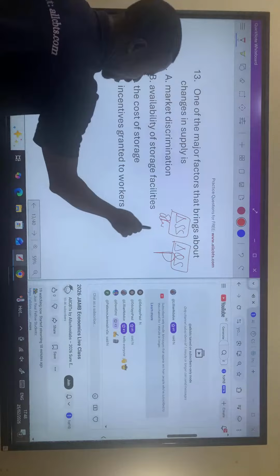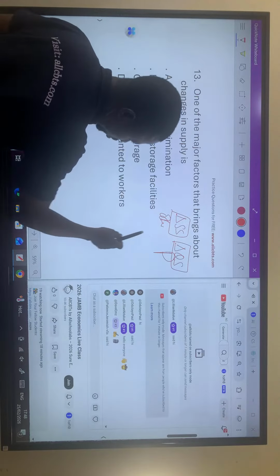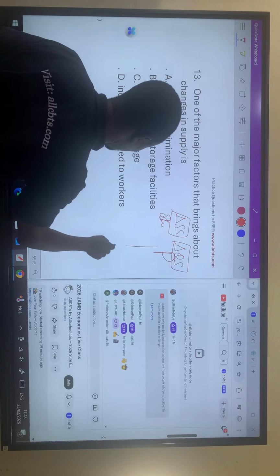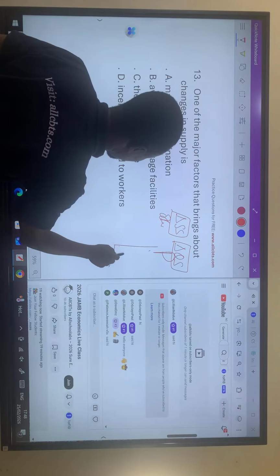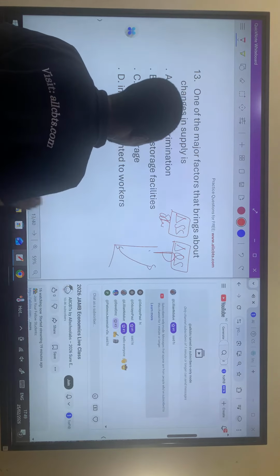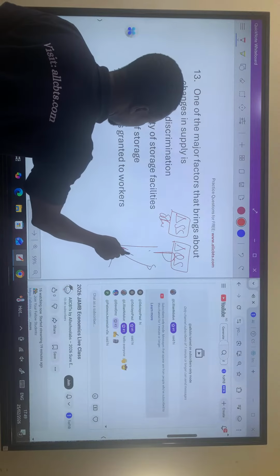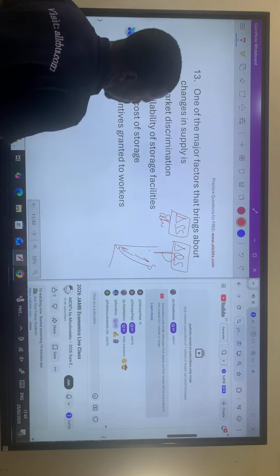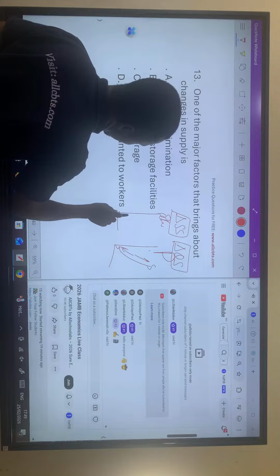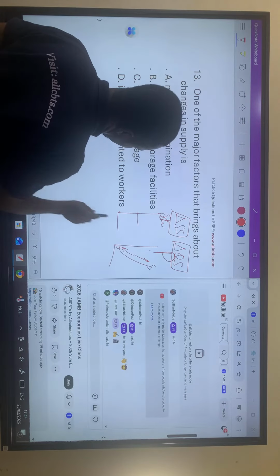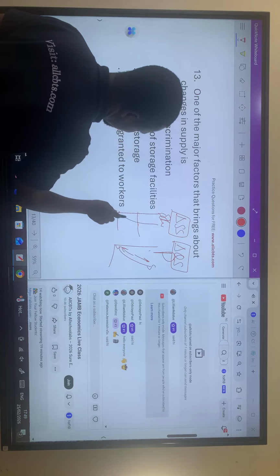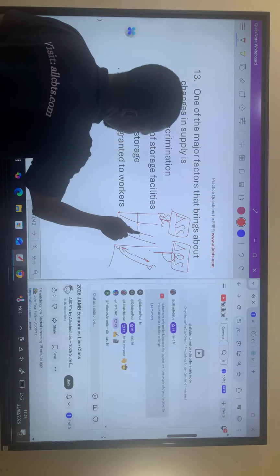Okay, and that's why we have that curve. We did the curve too and we explain all of them. For instance, this one, we have what they call movement along the supply curve. Downwards or upwards movement. Okay, but for this, the price is constant. All right, but yet we have changes in supply curve.